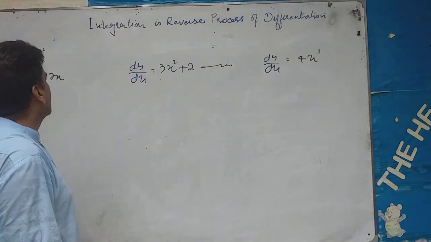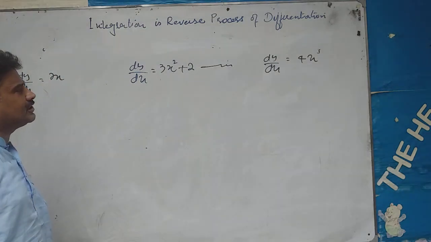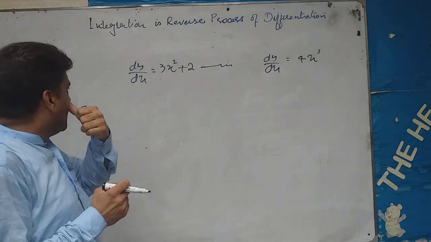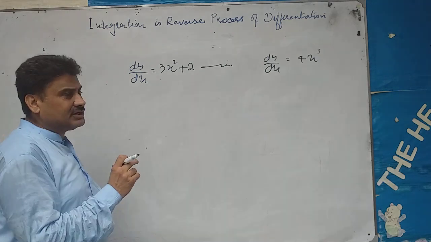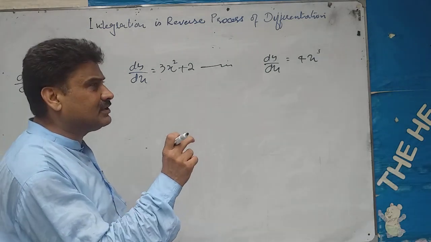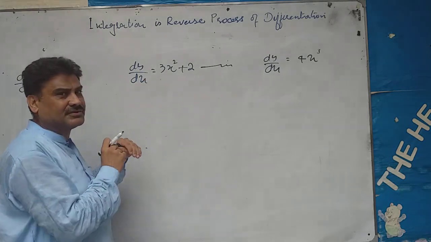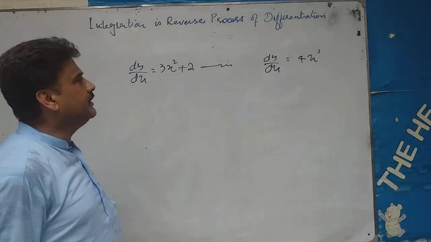So in order to find the actual function, we have to search for an operation that will be the reverse process of differentiation. And this reverse process of differentiation is called integration.